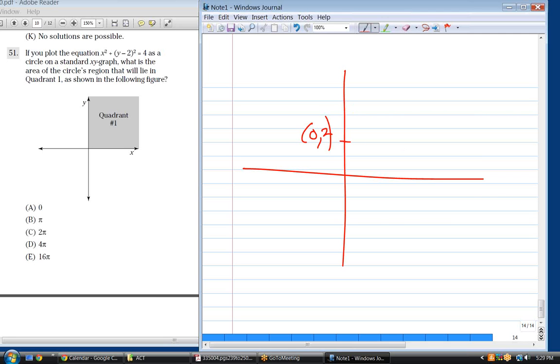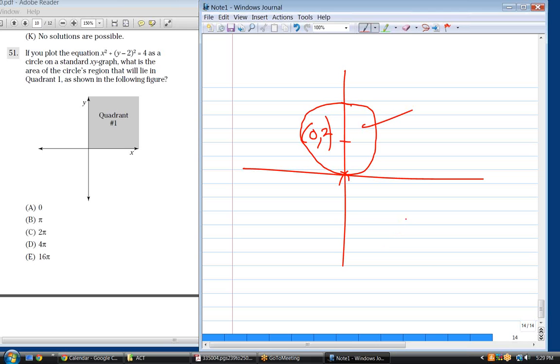So then you have to get the area next, I think. Well, we know that this point is tangent to the x-axis, right? So they want the amount of the area that lies in the first quadrant. So that would be half the circle. Yeah. What's the area of the circle?